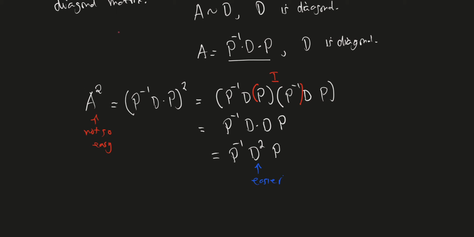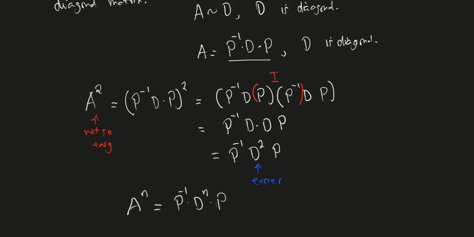But then in general, you can continue this process using the idea of induction. You could have something like A to the n would simply be P inverse times D to the n times P. So think of how tedious it would be to do this by hand.